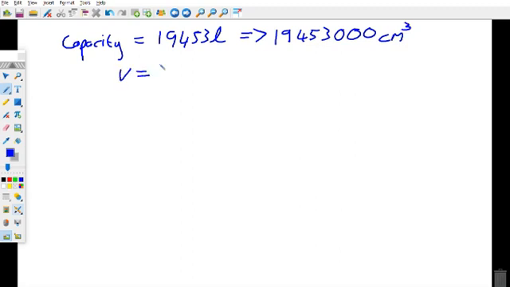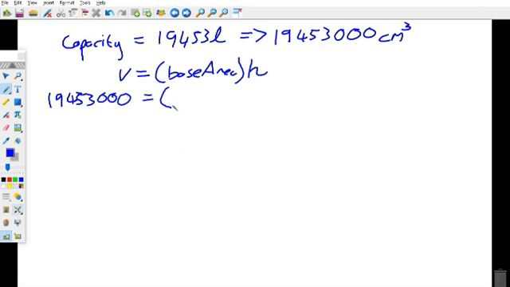Volume is equal to my base area, area multiplied by my height. So we have a volume here of 19453000. Lots of numbers there, be careful.